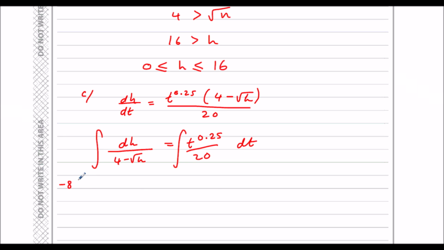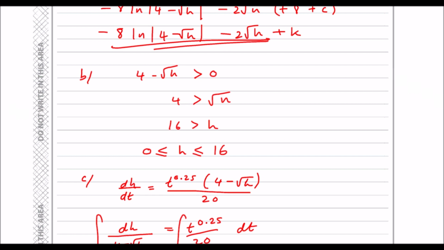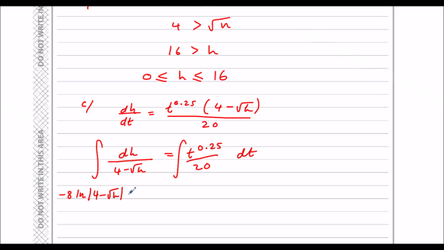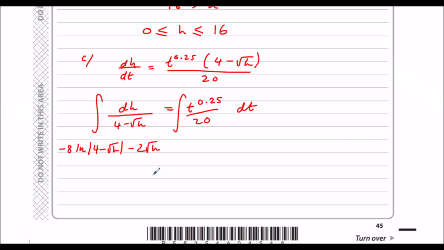So negative 8 ln 4 minus root h, ln or ln, say either one, minus 2 root h plus a k, I can put a plus c on either side, so equals, this is like 1/20th t to the power of 0.25.